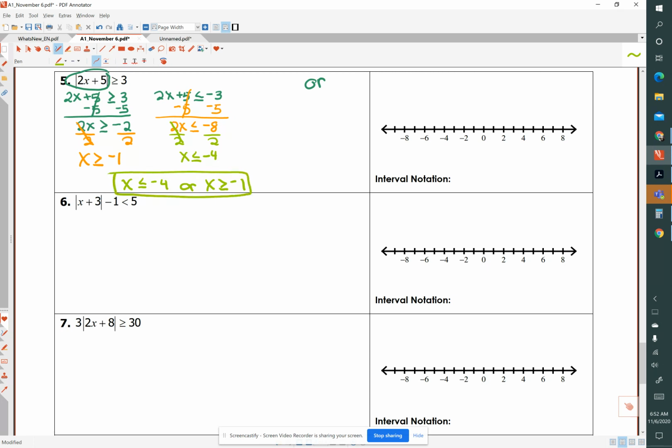And we'll graph. So, x is greater than or equal to -1. Here's our -1, solid dot. And x is less than or equal to -4. Here's our -4. And our interval notation: -infinity, comma, -4, bracket, or bracket, -1, comma, infinity, parenthesis. Always use parentheses for infinity.